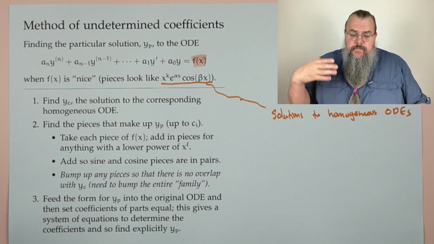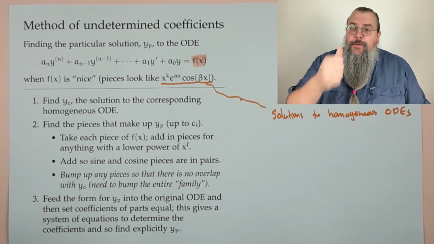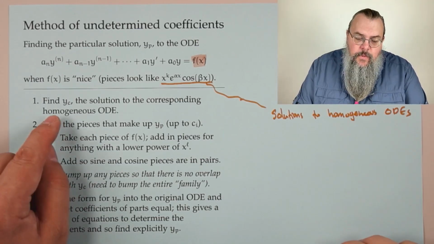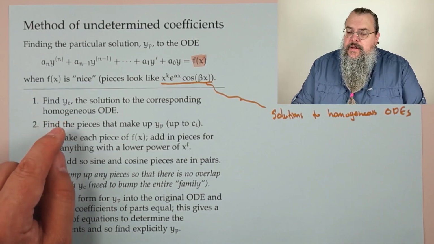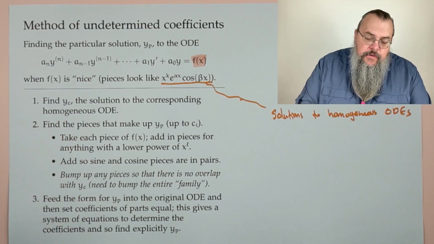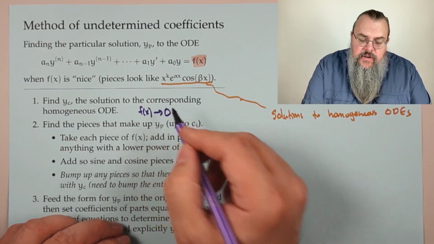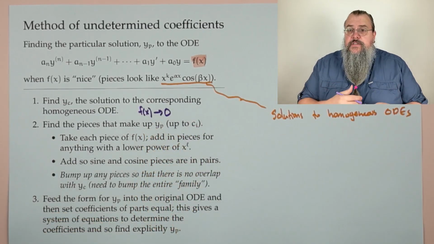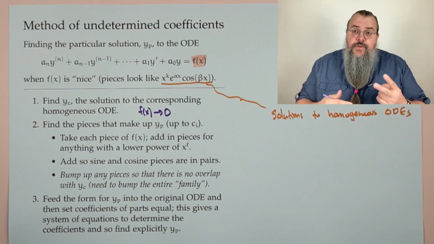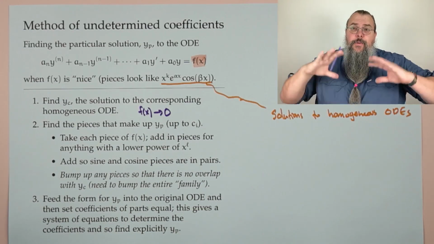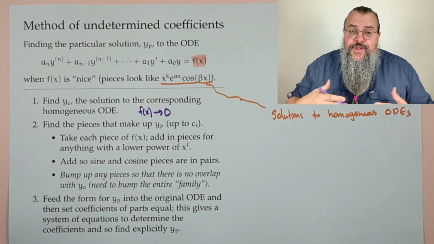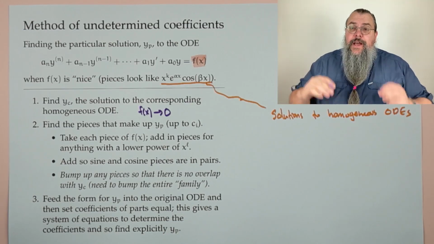So here's the idea. Step one, you find y sub c. In other words, what is that? Remember, that's when you take f of x and change it to 0 and find those functions. Step two, we ask what our particular solution looks like.